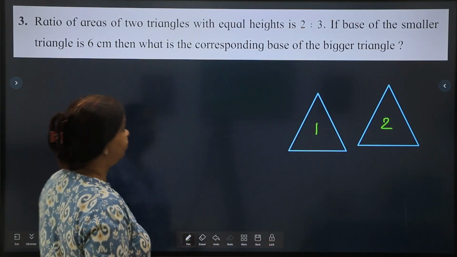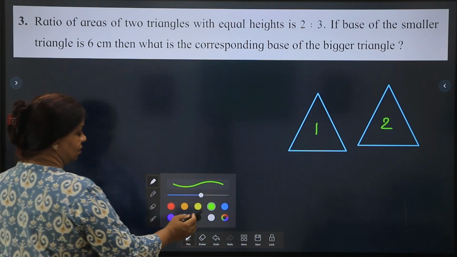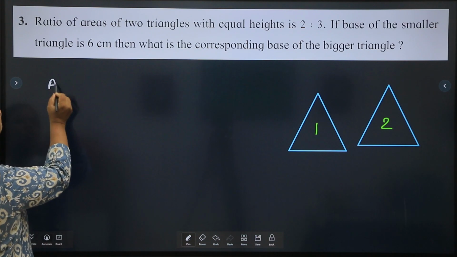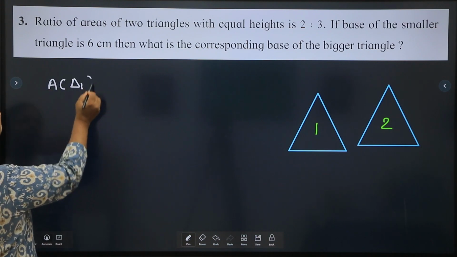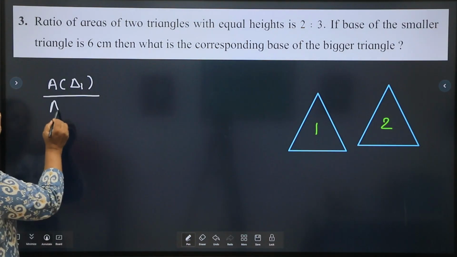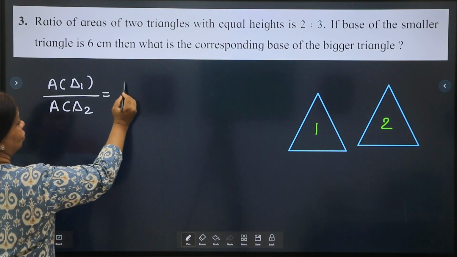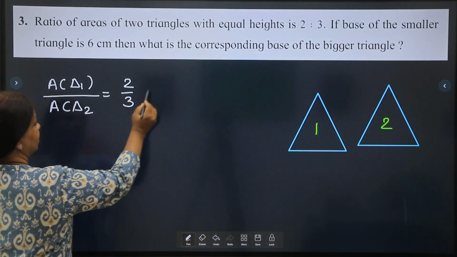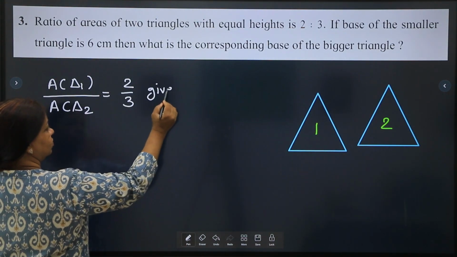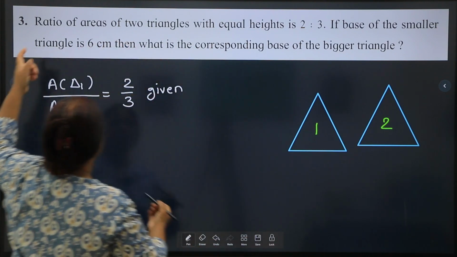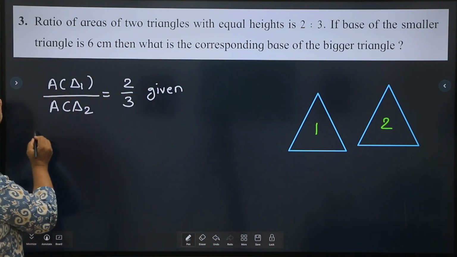And the ratio of area of the two triangles is given: area of triangle 1 upon area of triangle 2 is equal to 2 upon 3, it is given. The heights are equal.